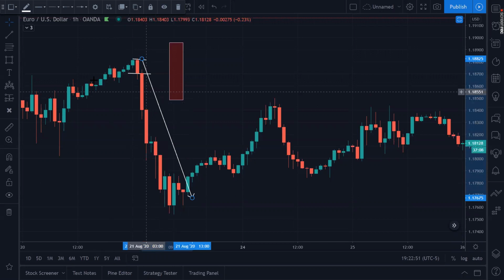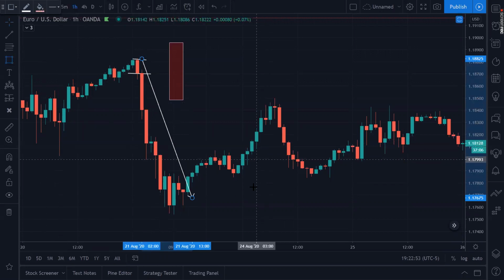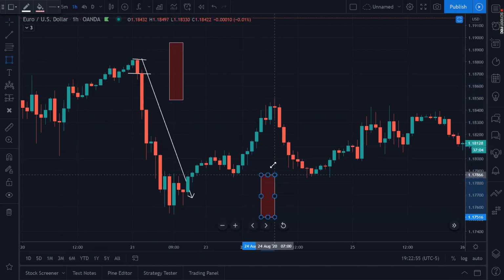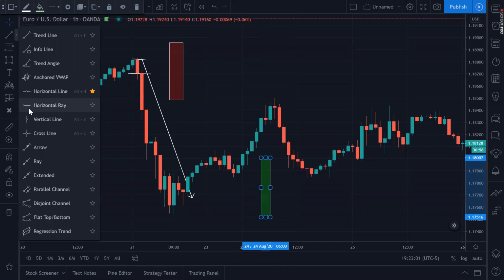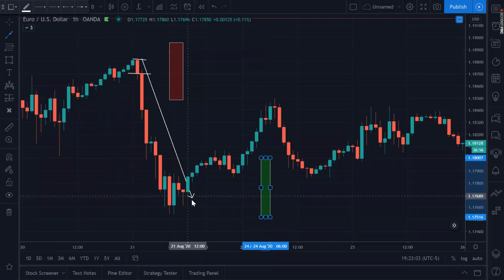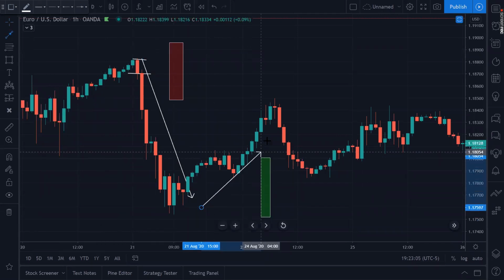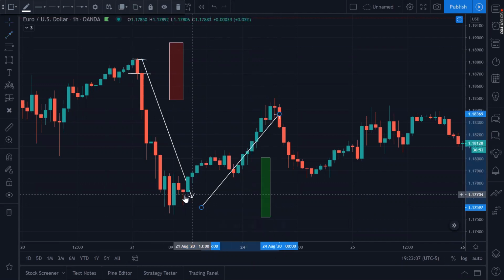Okay, on the opposite end, right here, we have the same thing, but we have the market going up because we have green bull candles.